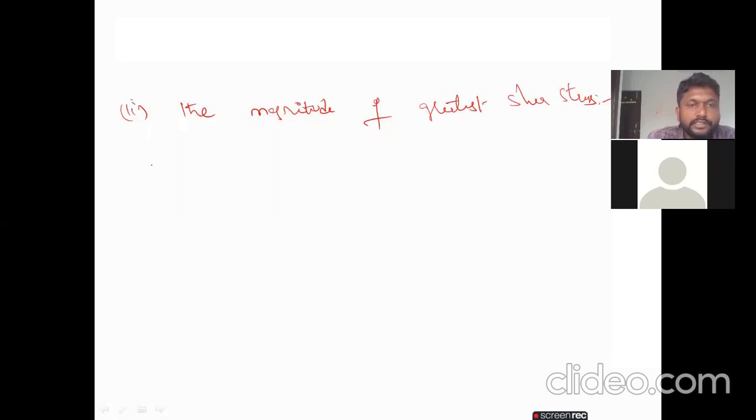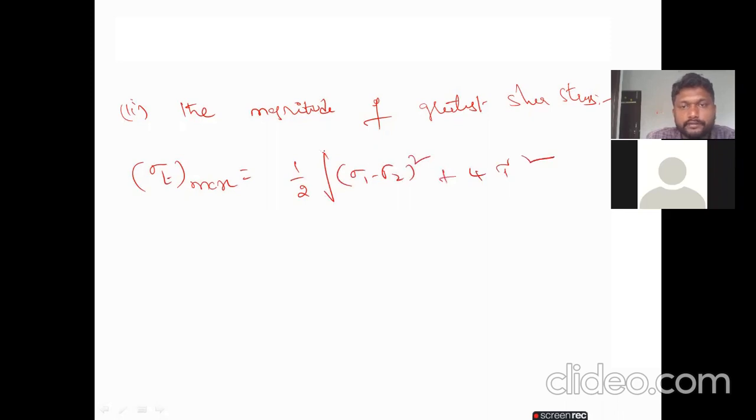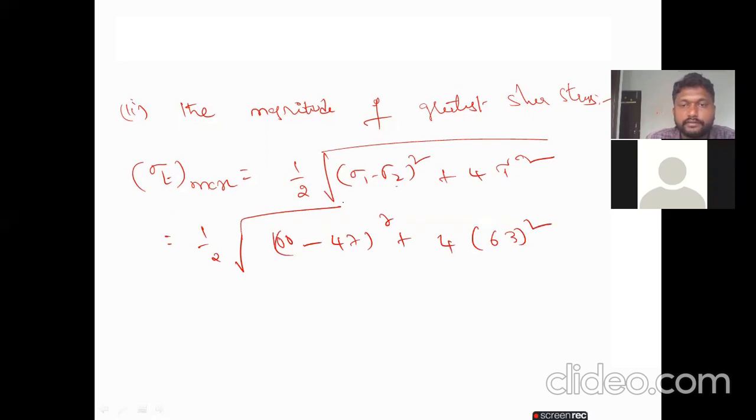Okay, so tau max equal to 1 by 2 square root of (sigma 1 minus sigma 2) whole square plus 4 into tau square. Sigma 1 we know already, that is 110, minus sigma 2 is 47, whole square plus 4 into 63 square. So please calculate the answer here.